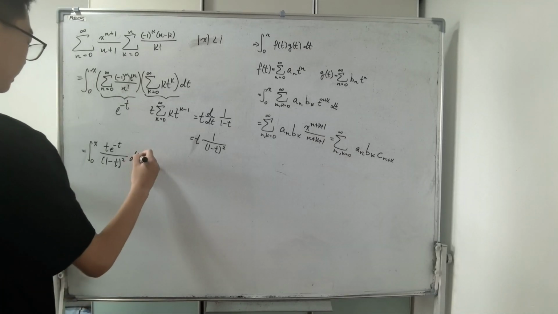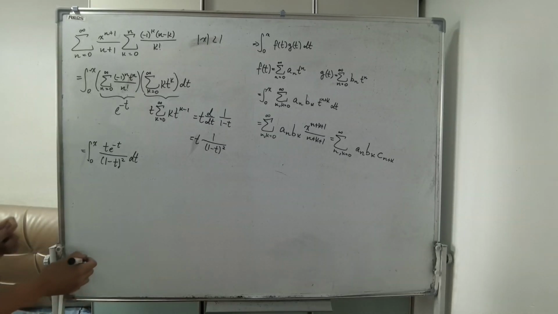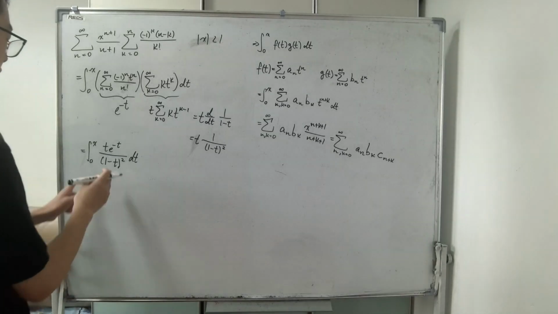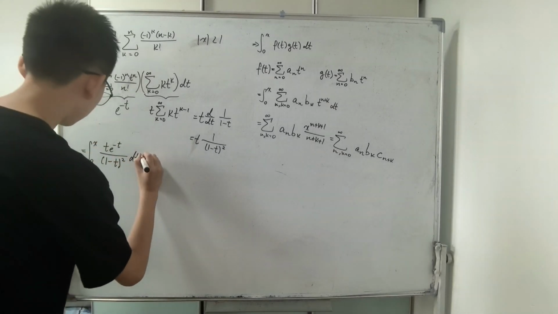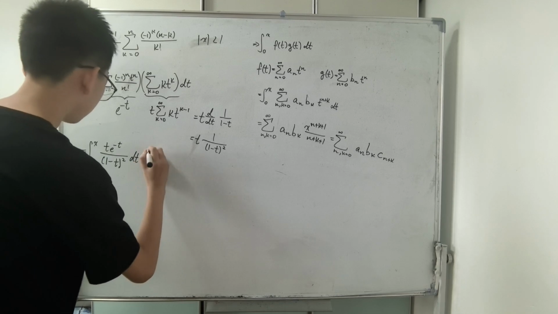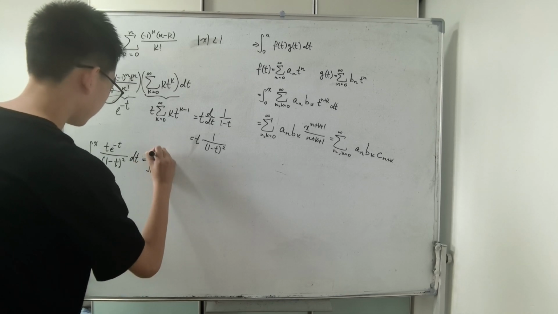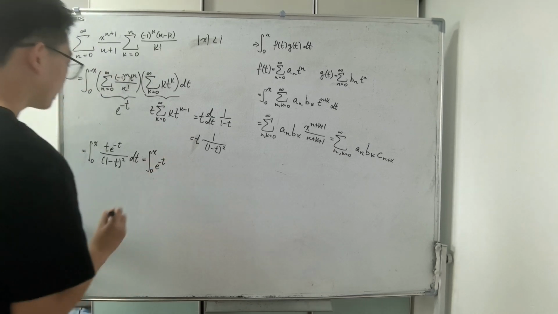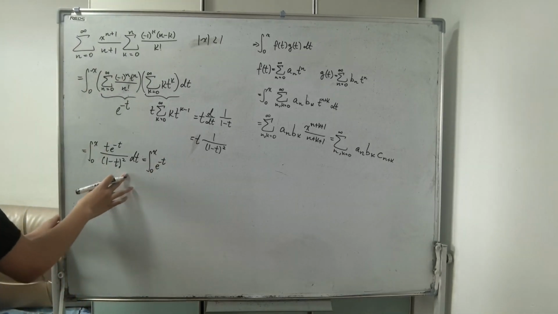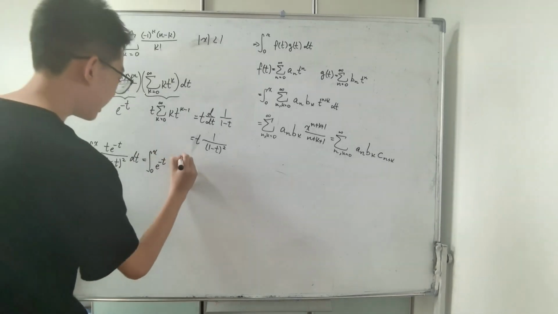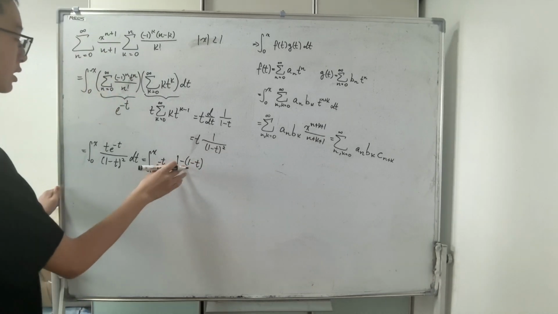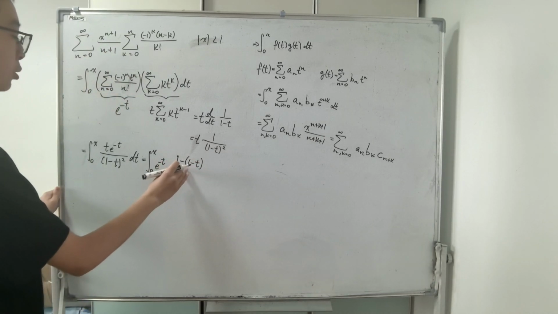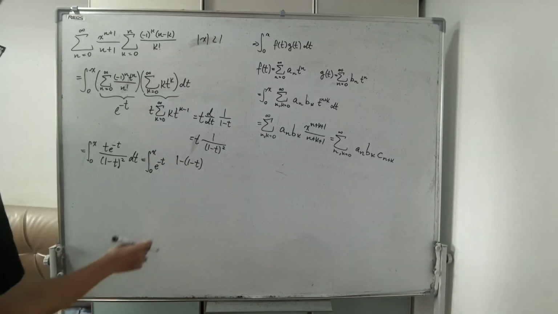It invokes a pretty interesting trick, and that is we're going to rewrite this fraction, not this exponential, but this fraction. More specifically, we're going to write it as the integral from 0 to x, first of all, e to the negative t. We have t over 1 minus t squared, but t is 1 minus (1 minus t).